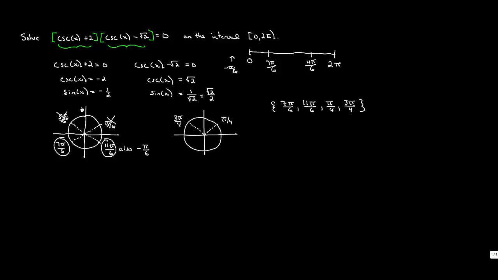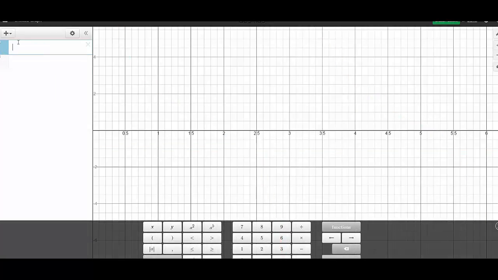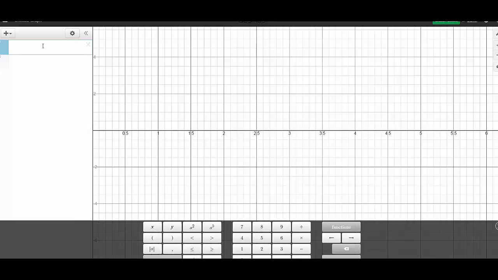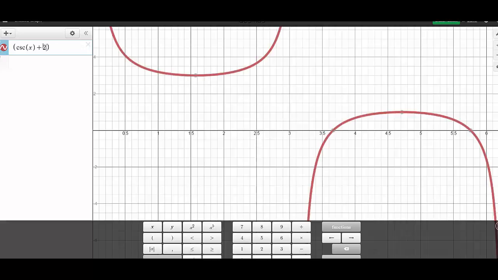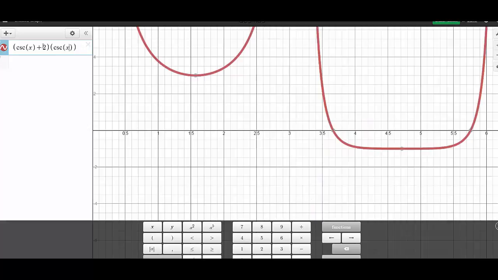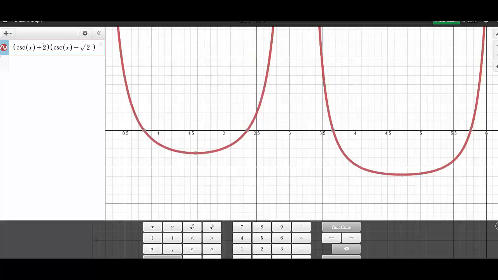So what I'm going to do is go to the graph here, type that in and see what we get. So we've got cosecant x plus 2, and we want to multiply that by cosecant x minus square root of 2.